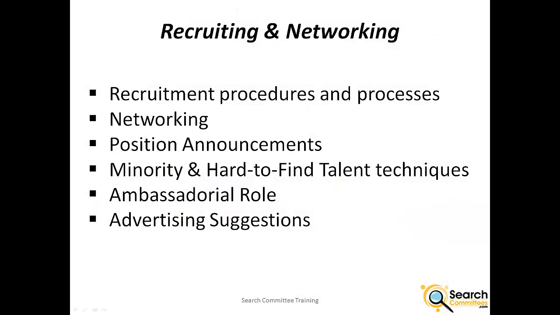First, recruiting and networking. Recruiting is the active process of reaching out, an outreach process to finding candidates wherever they may be, whether they are in the job market or not. Advertising is a more passive process wherein you put an announcement into a medium, whether it is paper, online, or any other form, and hope that people see that particular advertisement.